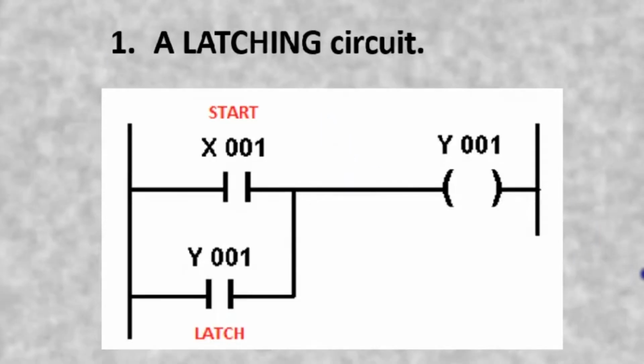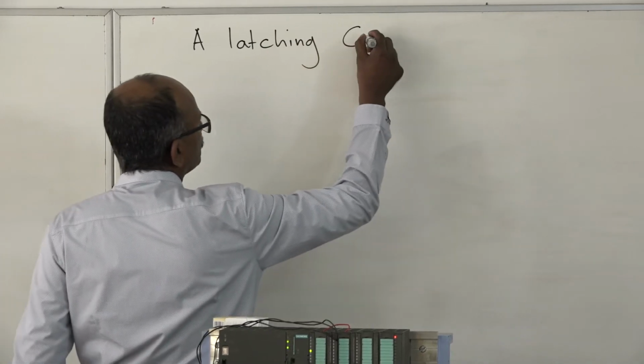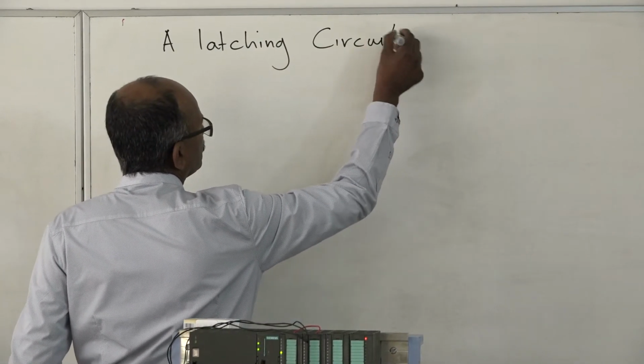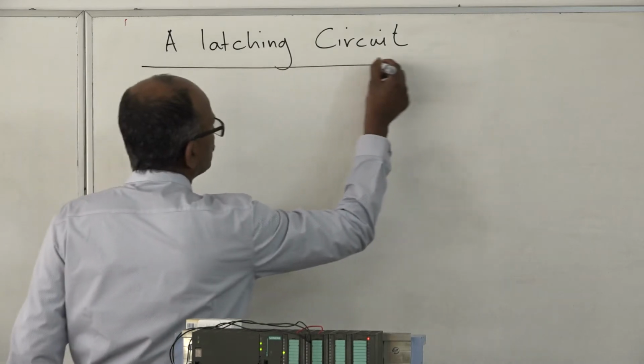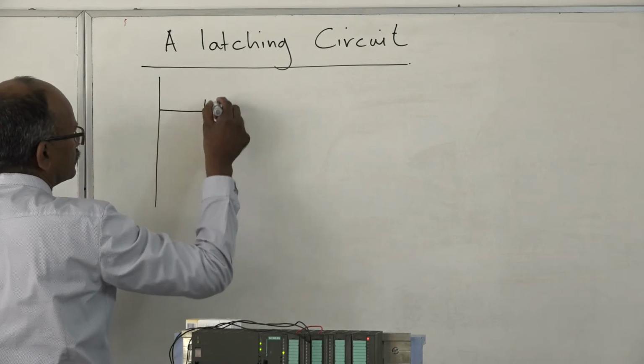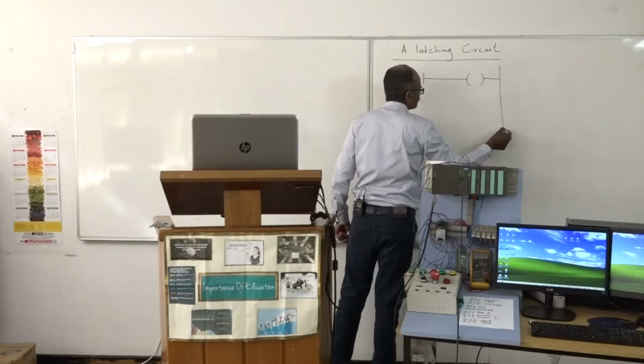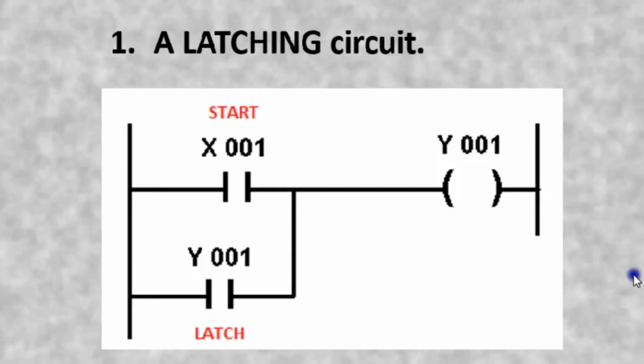Okay, first I'm going to draw it on the board. All right, so if I look at a latching circuit, now also remember you've got your inputs as X001 and your outputs as Ys, okay?